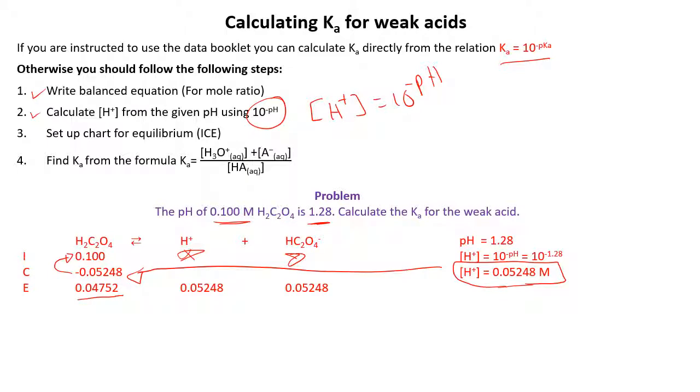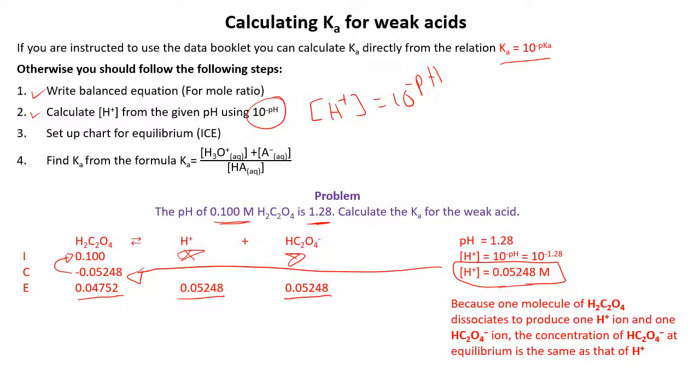So we have here 0.04752, and here is the concentration of the acid and the concentration of the weak base. Why are they similar? Because, as you can observe here, one molecule of H2C2O4 dissociates to produce one H positive and one HC2O4 negative.